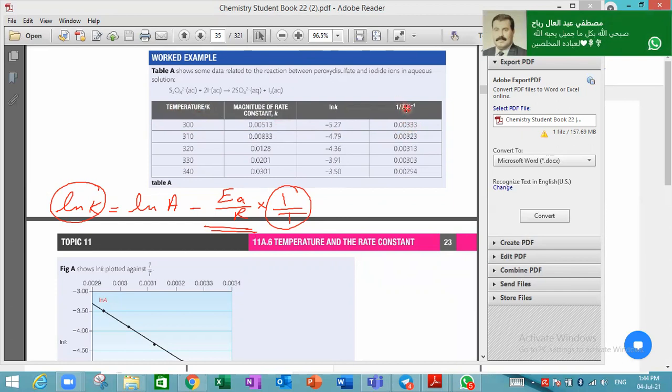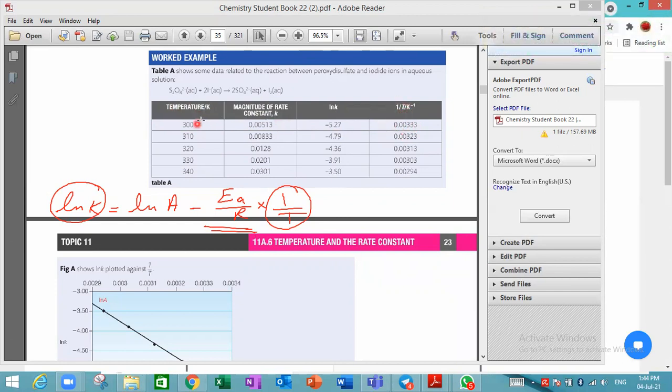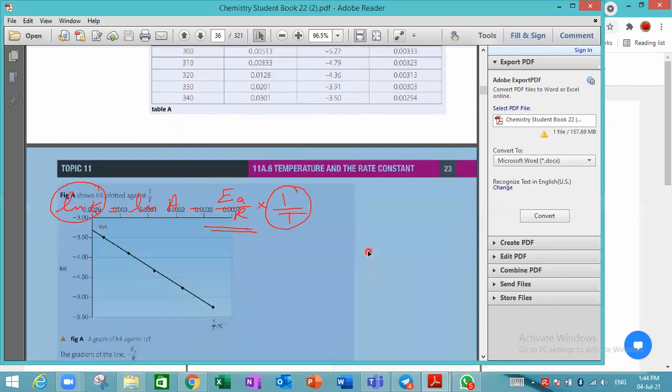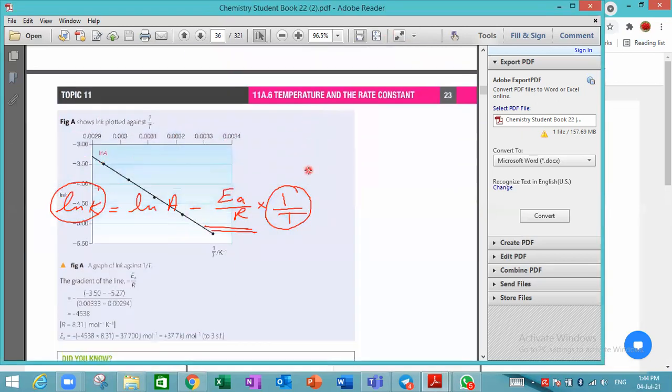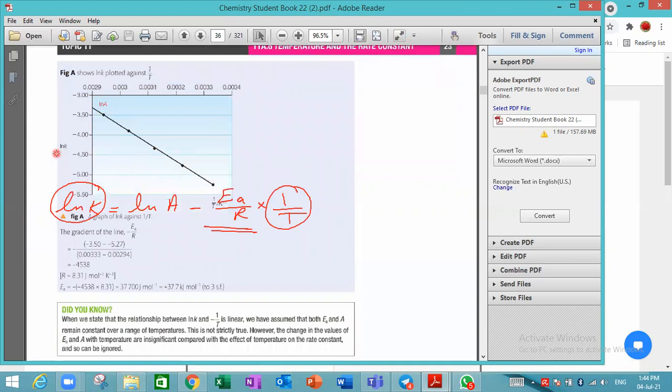So here 1/T: we take the reciprocal of 300 to be 0.0033 and so on. We take the reciprocal of these temperatures and we calculate the ln of the K values. Then we are going to plot a curve of ln K against 1/T.